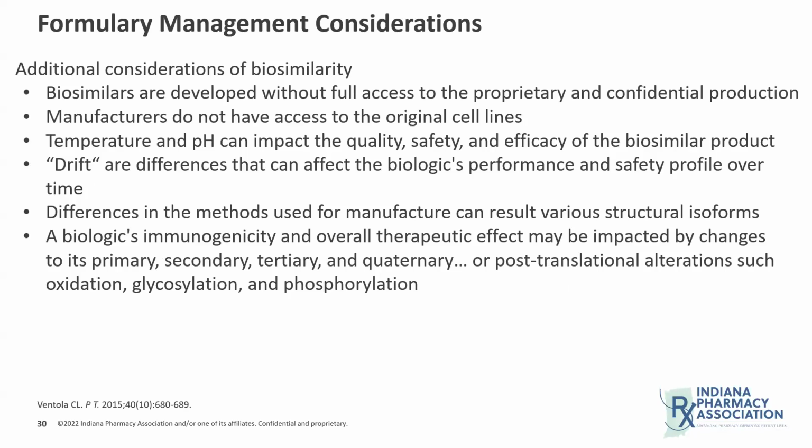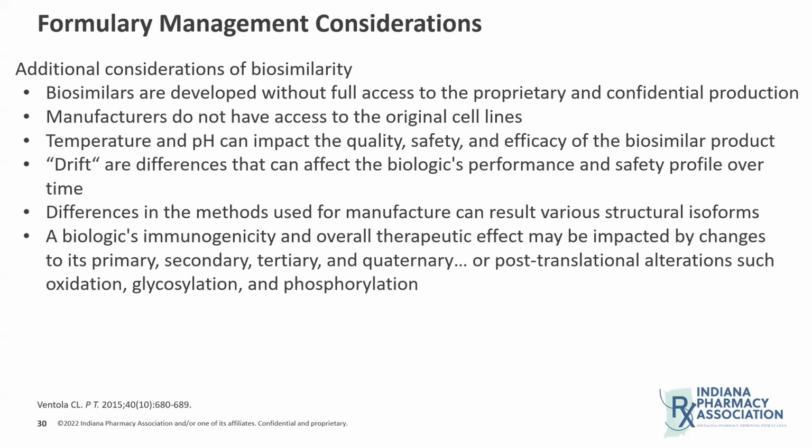So when considering biosimilarity, the issue of the proprietary production and not having access to the original cell lines are all valid reasons as to why biosimilars are not exact copies, right? So the manufacturing process has to be very similar. They have to have the same amino acid sequence.